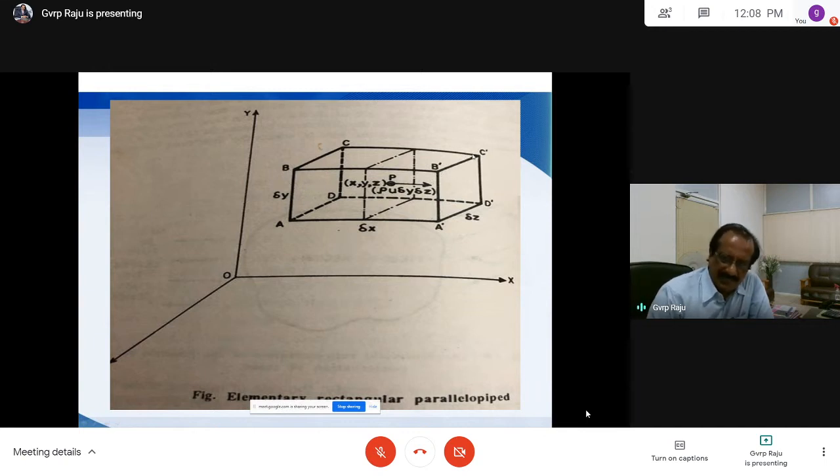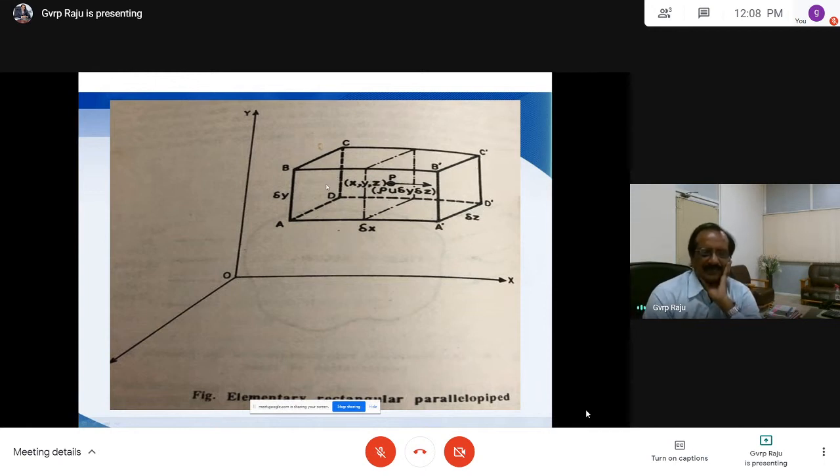The other face, A'B'C'D', is the face in which the water is leaving. So for the x direction you consider inflow through ABCD and outflow through A'B'C'D'.